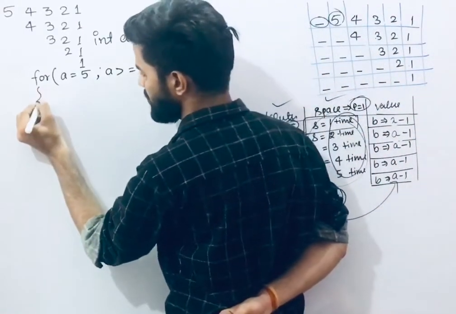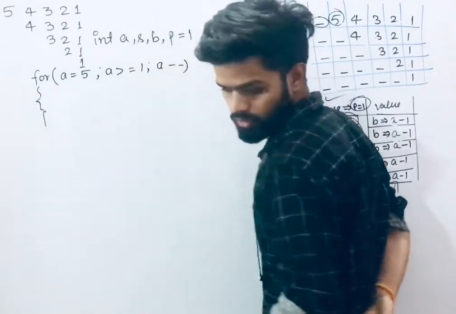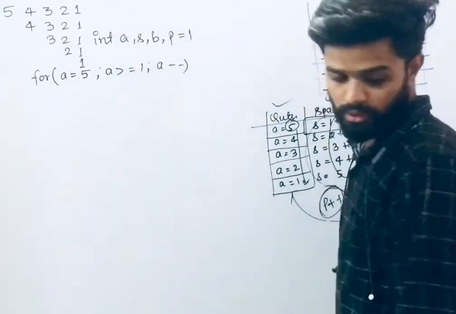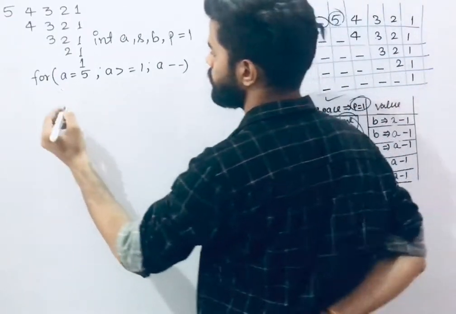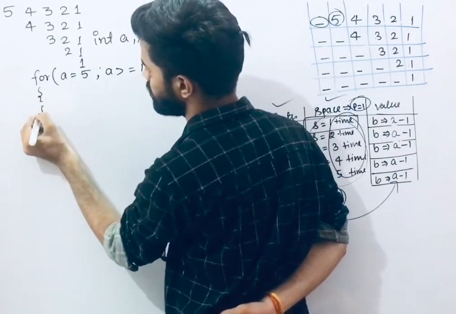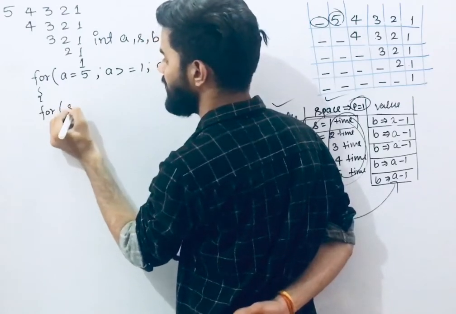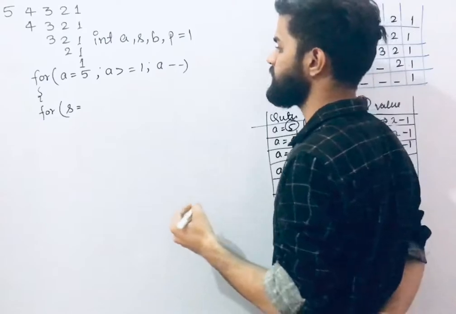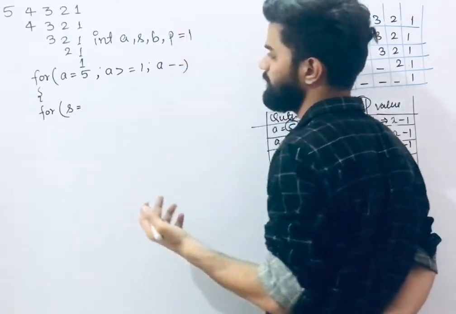So for printing space, we need to use another loop. In this loop, for s equals 1, we are using s just for printing space. If you want, you can take some other variable.